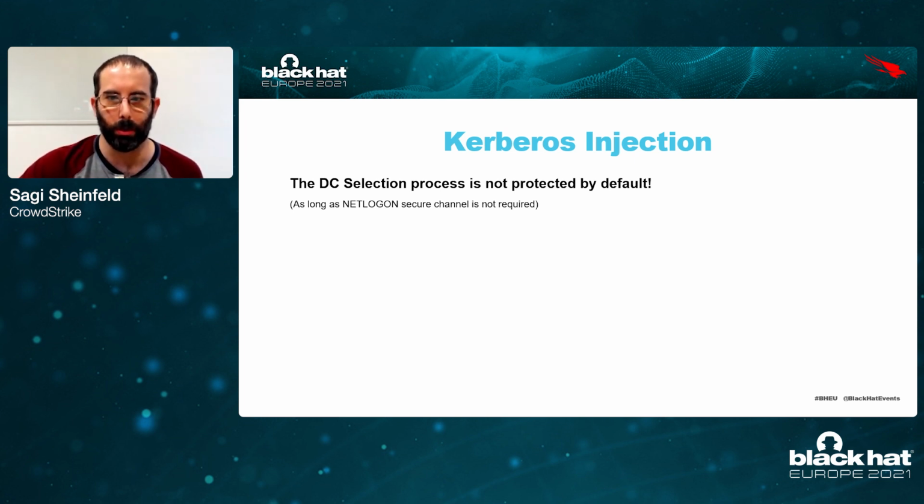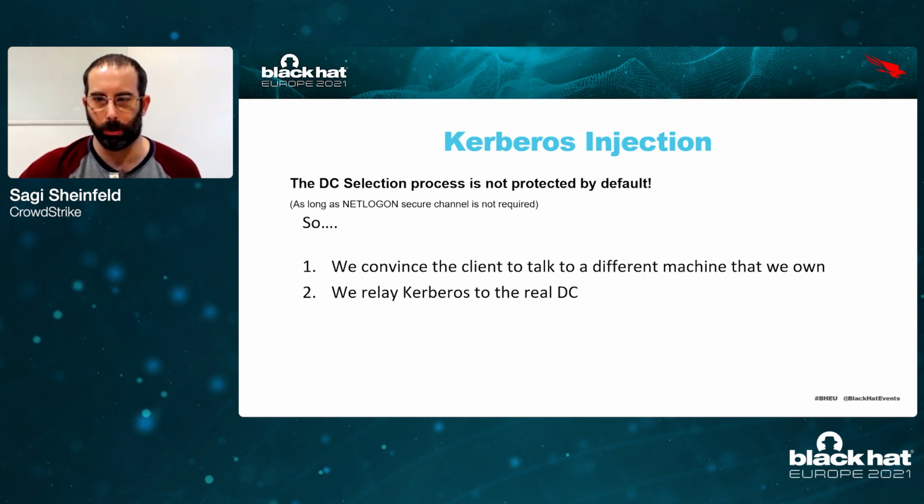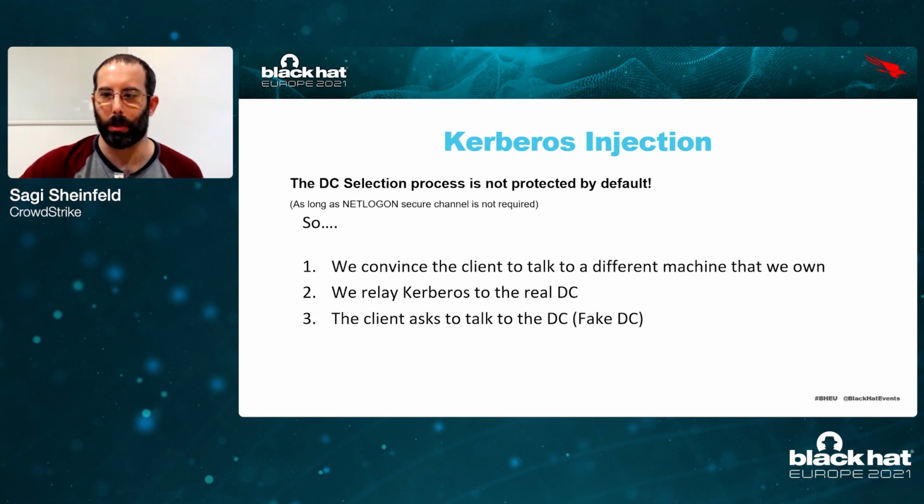So what can we do with this? We can convince the client machine that we are the DC, and afterwards we can just relay all Kerberos requests to a real DC. Then when the client wants to ingest data from the DC, our fake DC, we can serve any malicious data we want back to the machine.